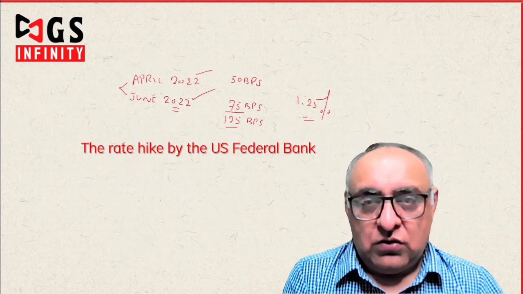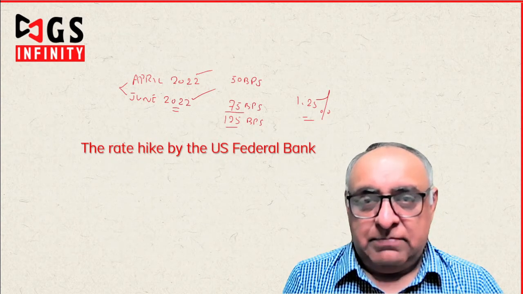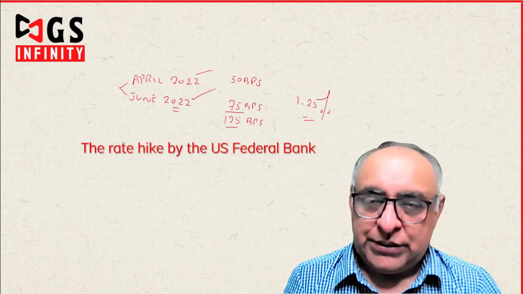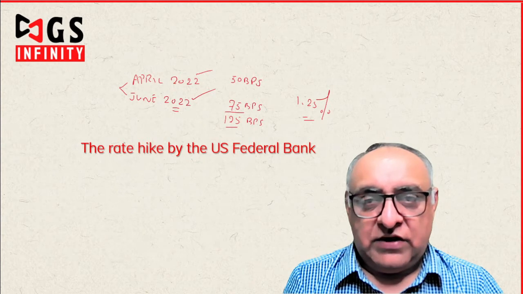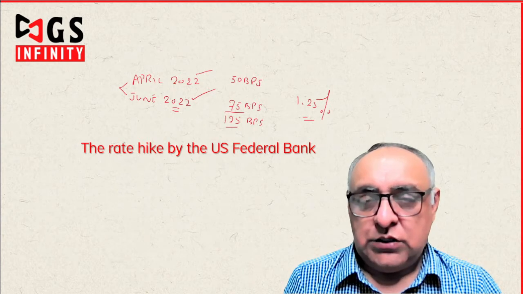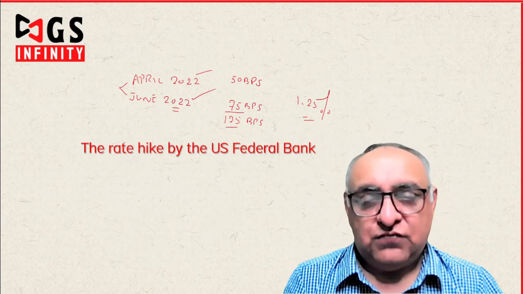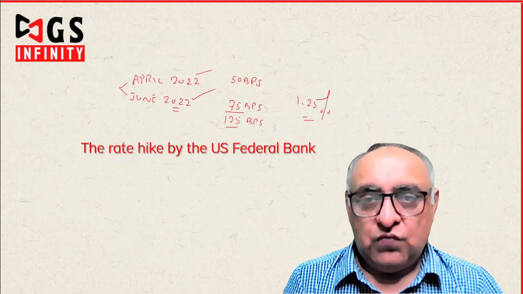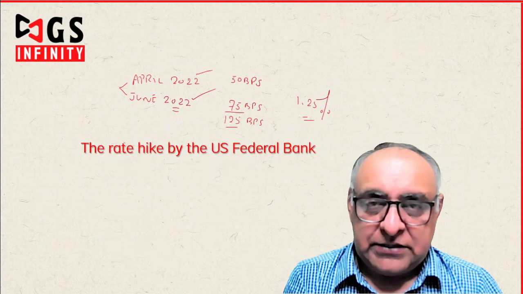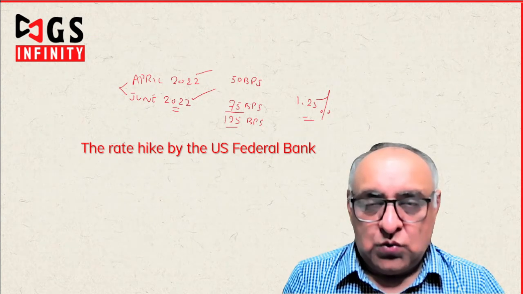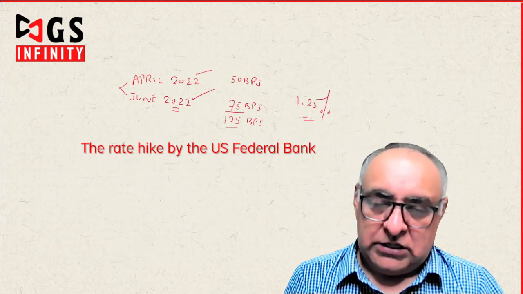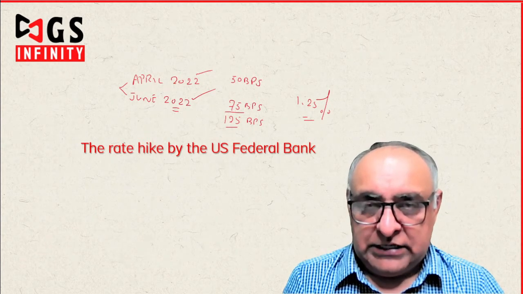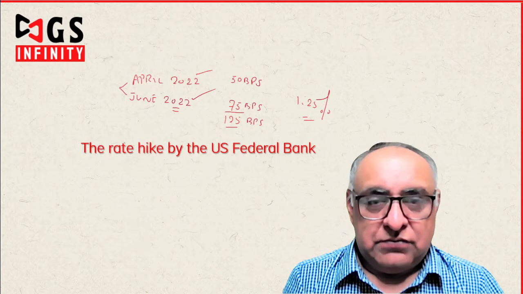So in the wake of that, the US Federal Bank has increased the policy rate 50 basis points in April 2022 and 75 basis points in June 2022. So the total rate hike is 125 basis points, that is equal to 1.25%. And it is expected that in future also, probably in September and in December also, the US Federal Bank will increase the policy rates further.